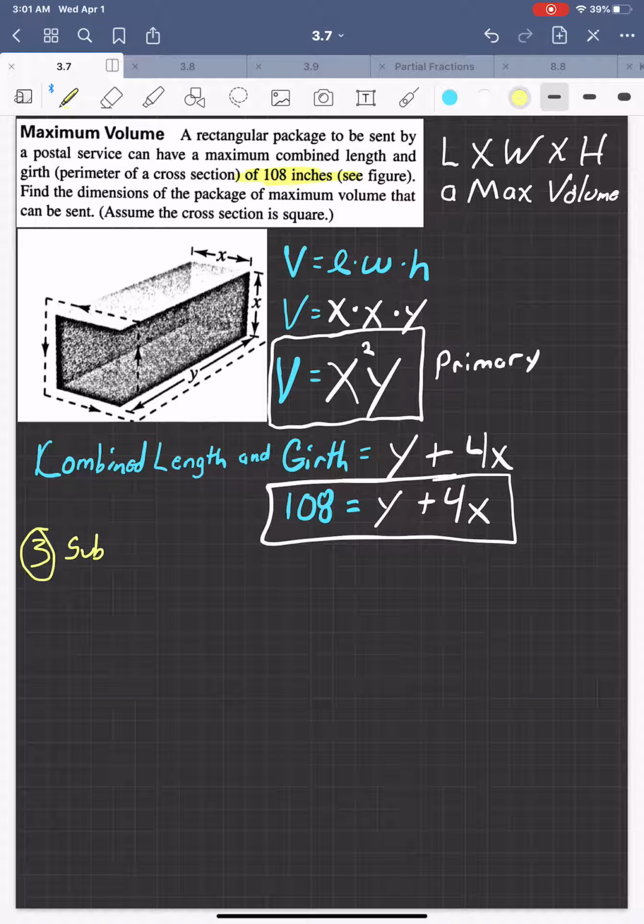What are we going to solve? Which equation are we going to solve, and which equation are we going to sub into? Well, hopefully you've considered the question, but you always substitute into the primary. The secondary equation is just a way of rewriting the primary equation.